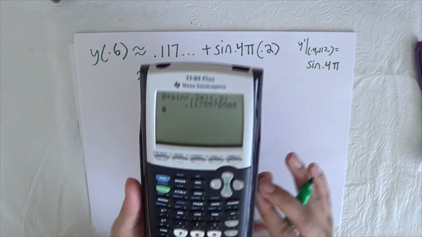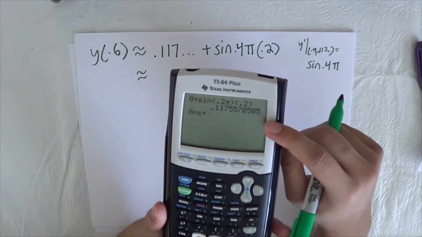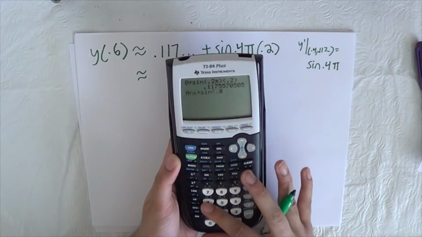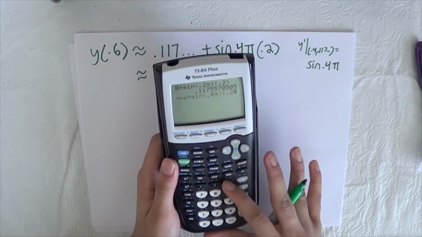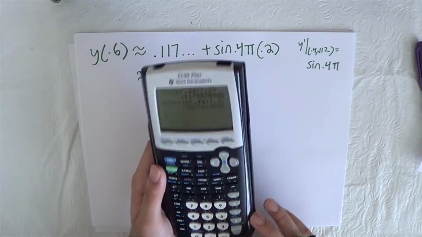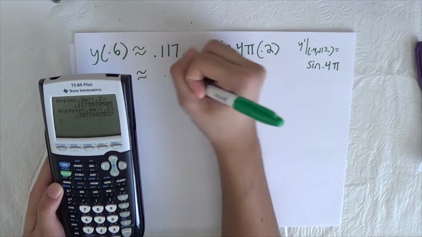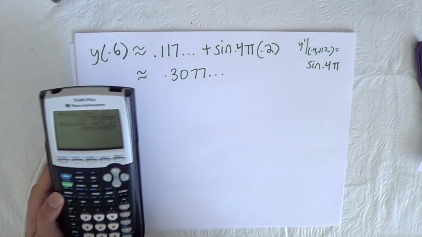I'm going to hit plus right here so I get the entire number, and I'm going to add sine 0.4 pi times 0.2. And we get 0.3077... So we'll do the same thing that we did before.